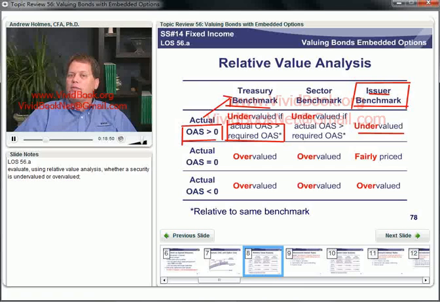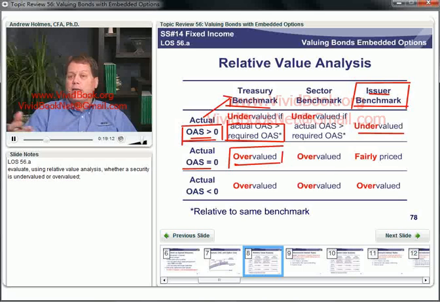What about if the OAS is equal to zero? Well, what that says is that this bond is giving us no additional compensation for liquidity risk or credit risk over the Treasury. So it has to be overvalued. You've got to have some sort of positive OAS when you're comparing to the Treasury security if you're looking at risky bonds. Same thing for the sector.